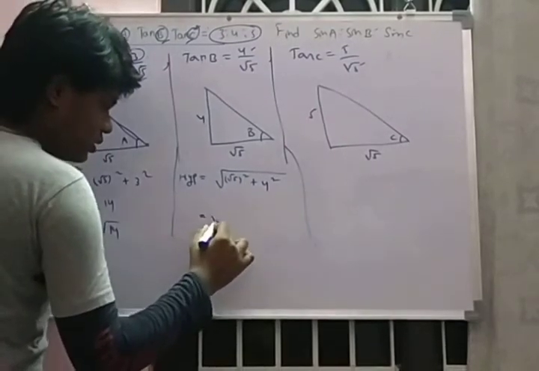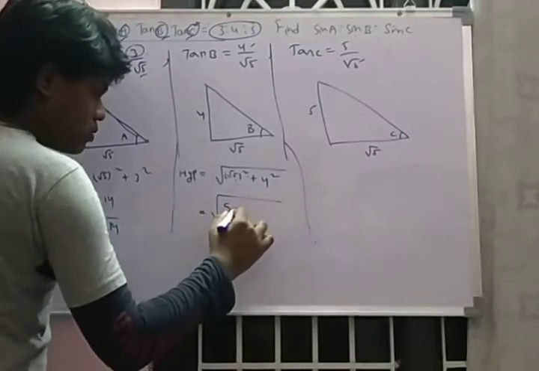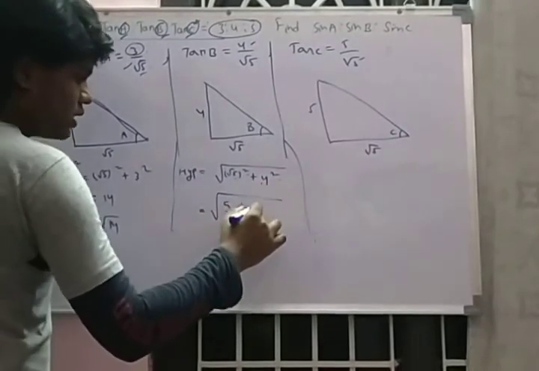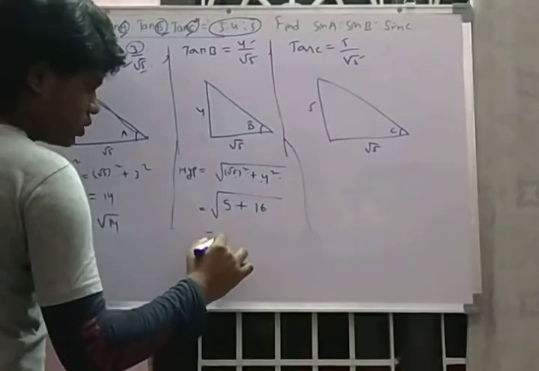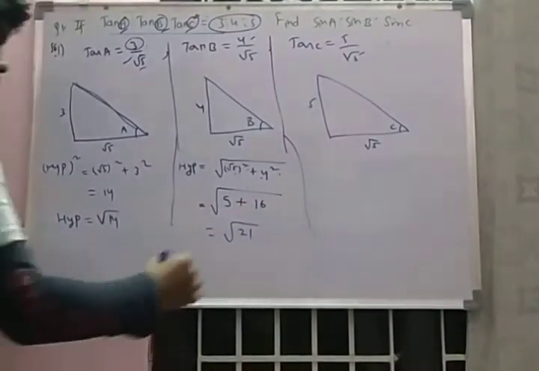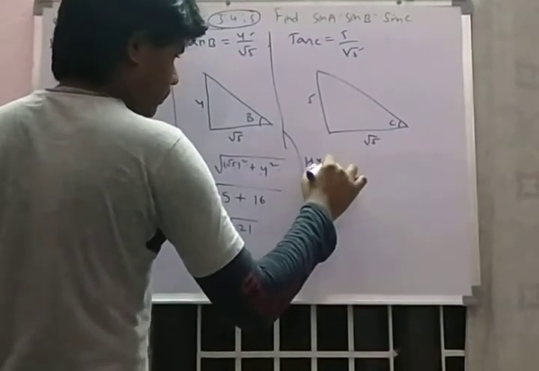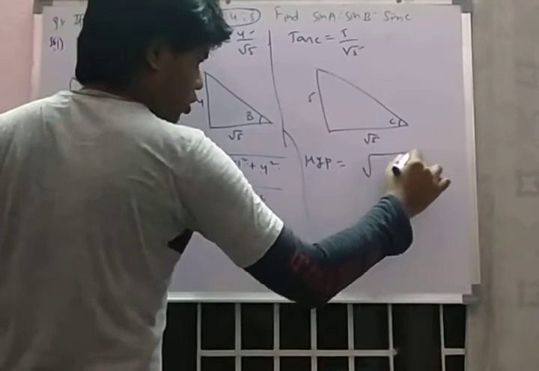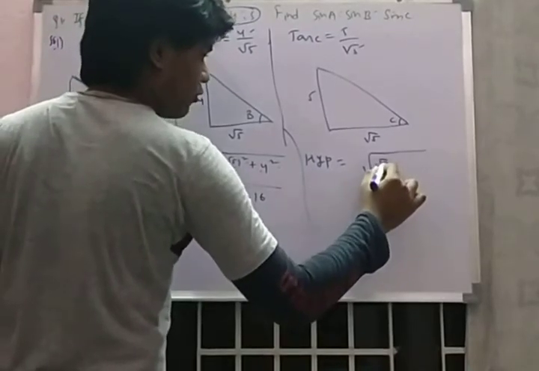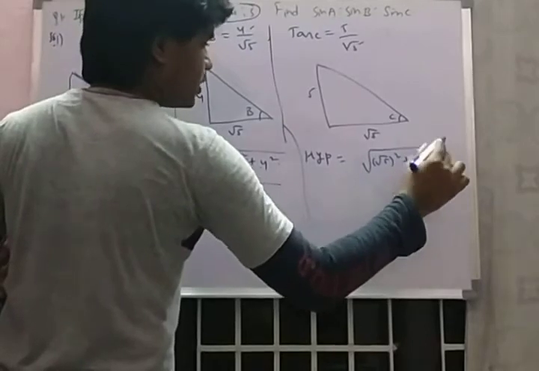So that is root over 5 plus 16, so root 21. So here hypotenuse is equal to root over root 5 whole square plus 5 square.